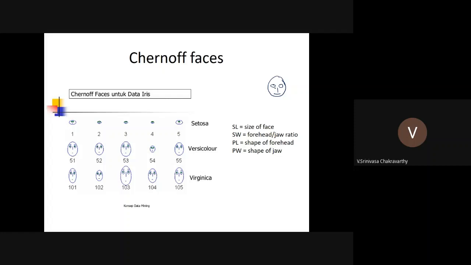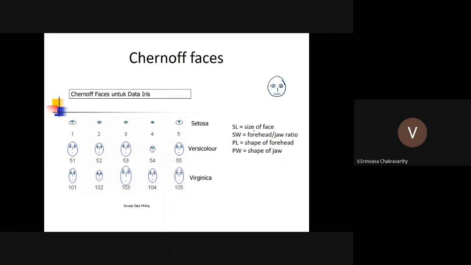If you map various attributes onto some properties of these features, like nose length and mouth length and things like that, you will get faces which look different for different classes. That's what this guy has done. It looks funny. It looks quite silly, but it's interesting.